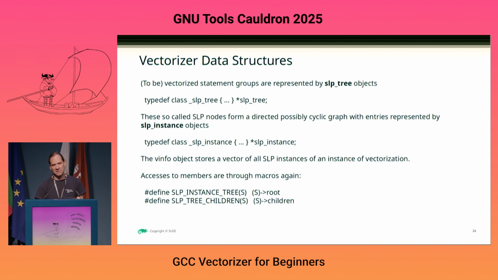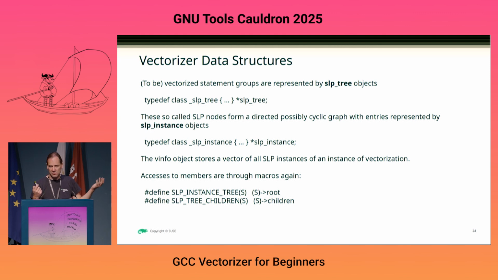The main data structure for the vector thing in the vectorizer is the SLP tree, which is now just a three-letter thing. It's not necessarily superword level parallelism, but it can also be. An SLP tree groups a set of scalar statements or has just a single scalar statement. In that case, it's not a superword, but a single word.